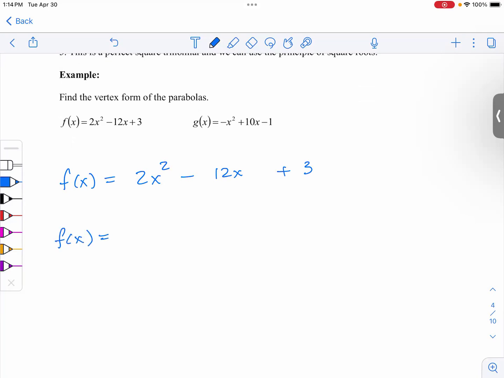And the big thing is keeping these values separate. So with completing the square, what is first and foremost that we need to pay attention to? That front coefficient to one. Yeah, that front coefficient is just killing us.